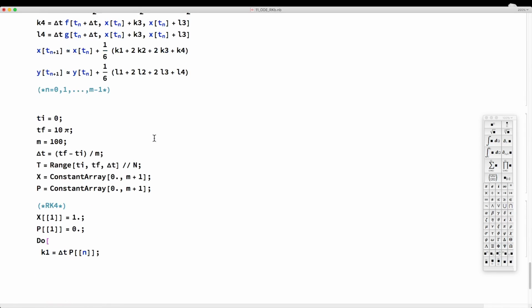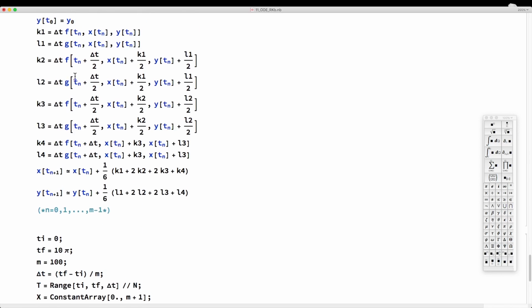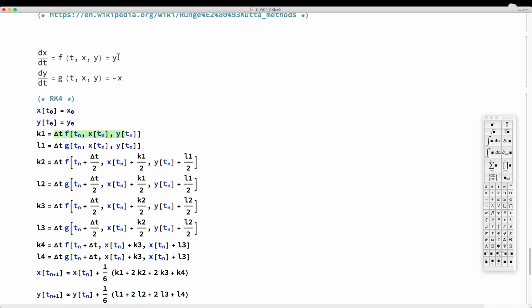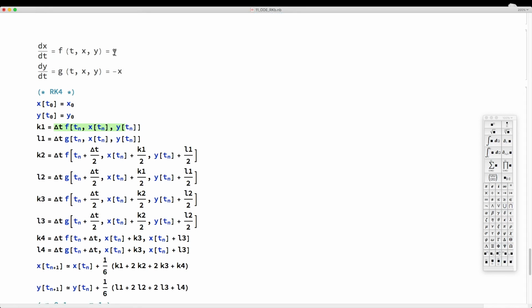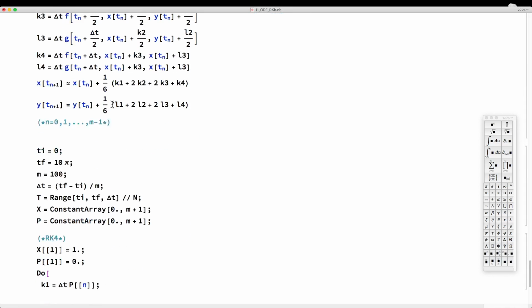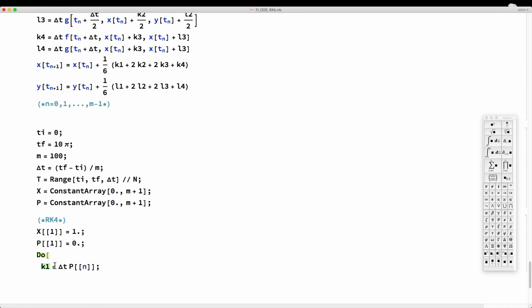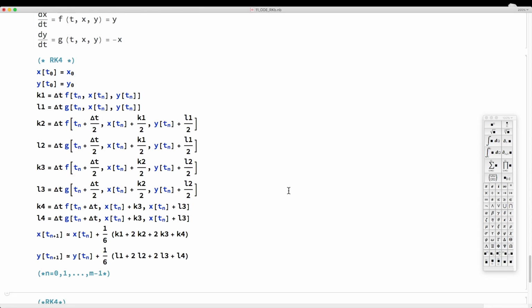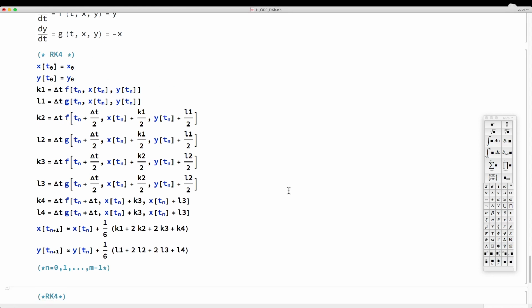Okay, so the first equation will be k1 equals delta t times f, and we know that f equals y or p. So the first equation will be simply k1 equals delta t times p. Let me delete this for now so we can see this more easily.